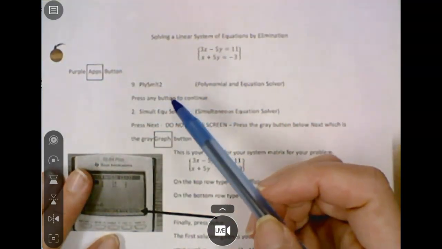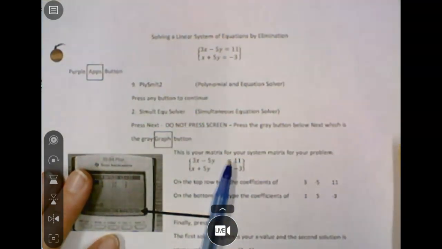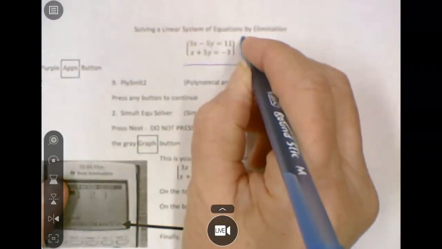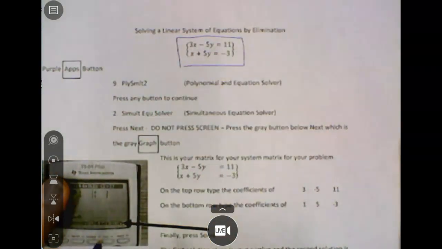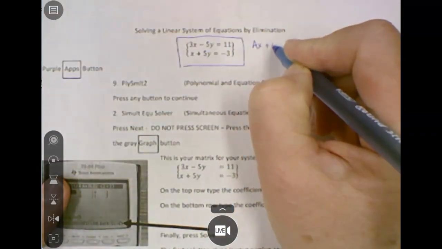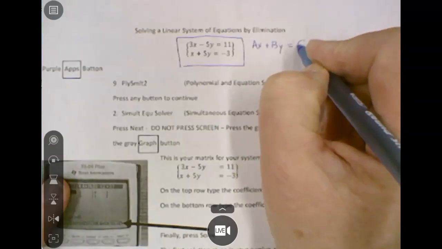So in order to use this application on your calculator, let's see if I can raise that a little. The system that you're going to put in your calculator must be in standard form. So standard form is ax plus by equals c.